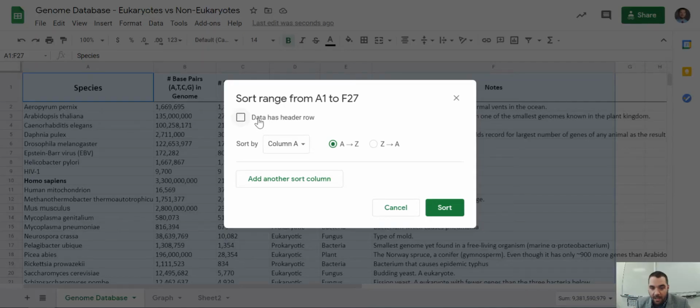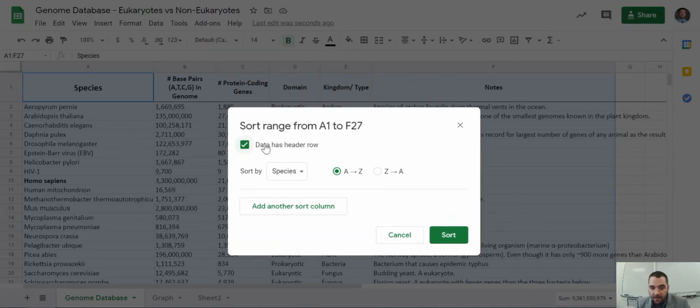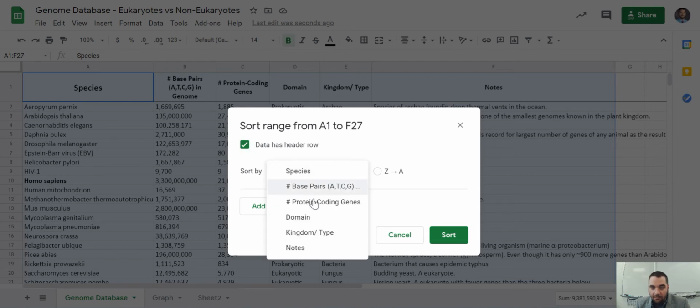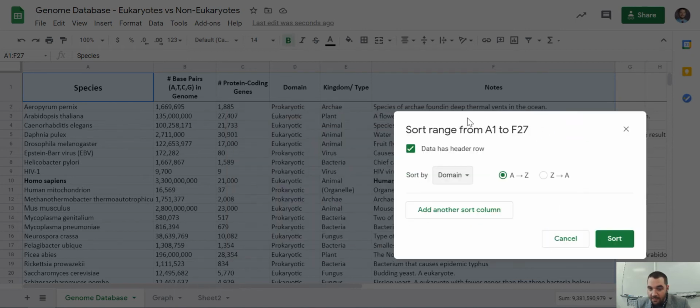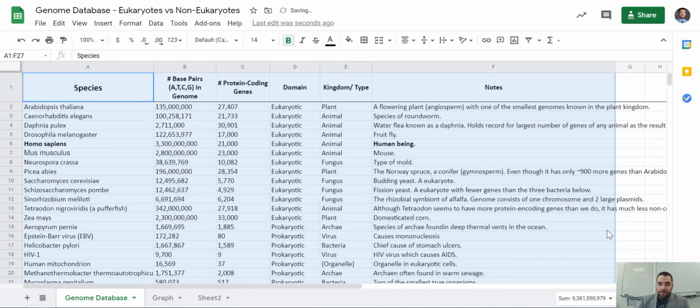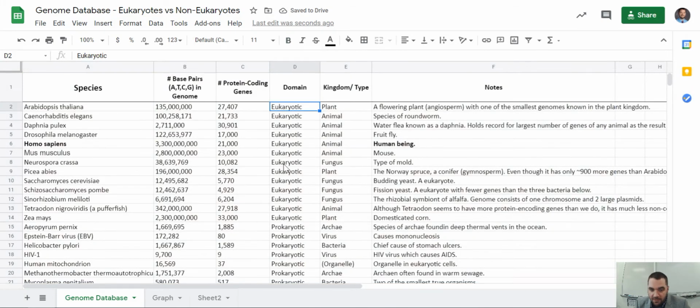This will allow you to say, yes, my data has a header row, and we can now sort according to any one of these. It's already sorted by species, but I want to sort it by the domain, because that is prokaryotes and eukaryotes. Let's go ahead and sort it. And there we go. I have all the eukaryotes alphabetized on the top with the prokaryotes below it.